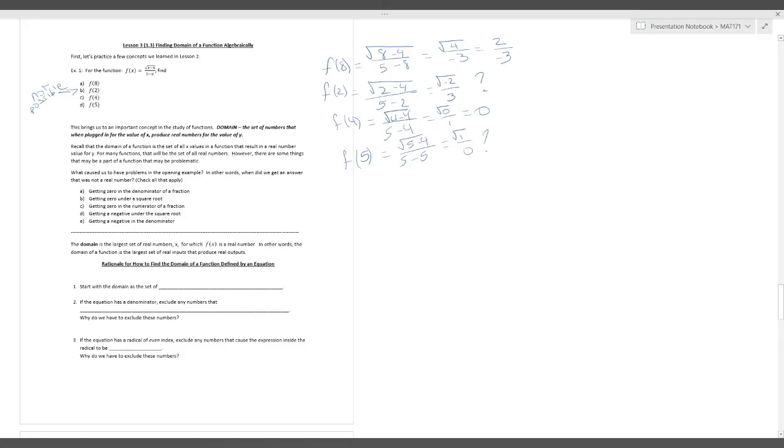And again, we can't divide by 0. So 2 and 5 are not possible. So 2 and 5, for some reason, are both excluded from the domain.